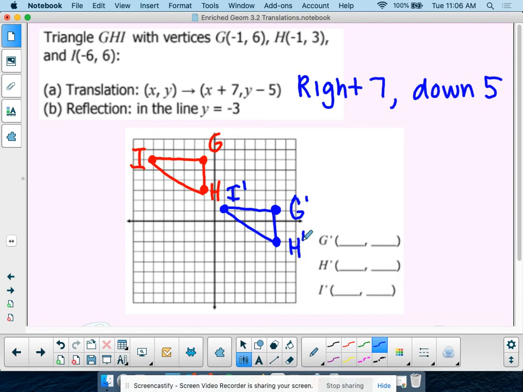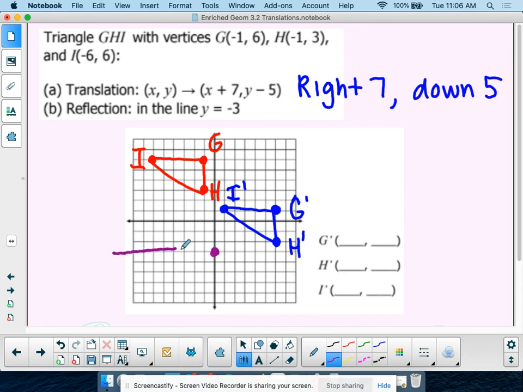Are you matching on that one? Yes. Okay. And then the last thing is a review from yesterday. We want to reflect over the line y equals -3. Is y equals -3 horizontal or vertical? Horizontal, right? So go down to -3 on the y-axis. Just the new one.